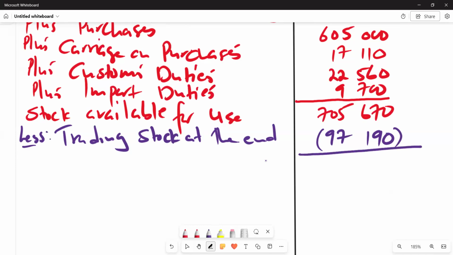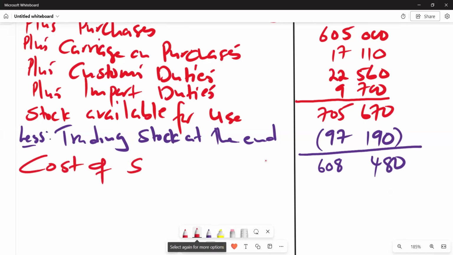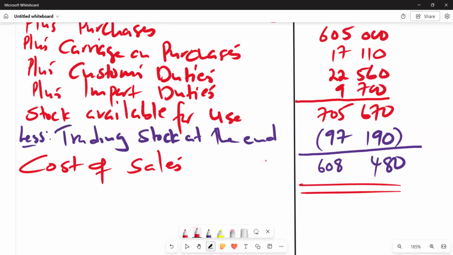After that, we are supposed to get, to represent your cost of sales, 608,480. And we are saying this is cost of sales. So this is the calculation that we have, guys, in terms of our cost of sales.